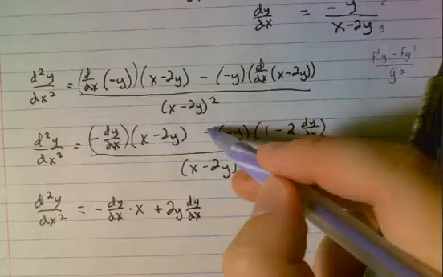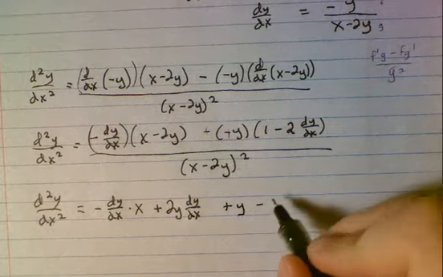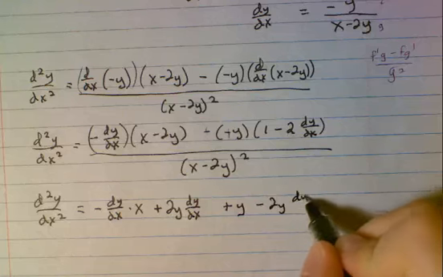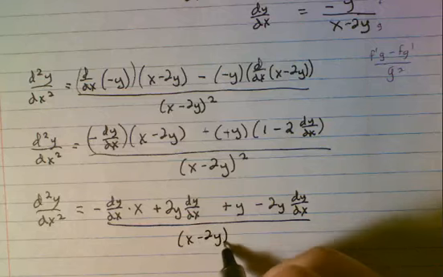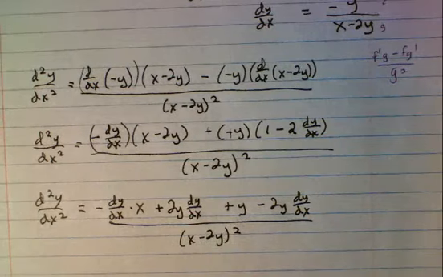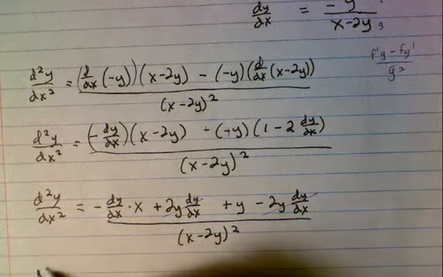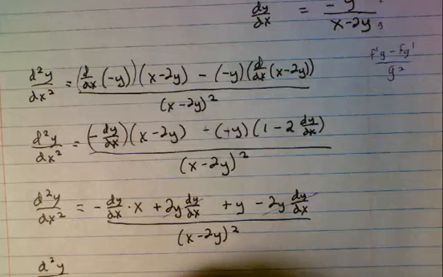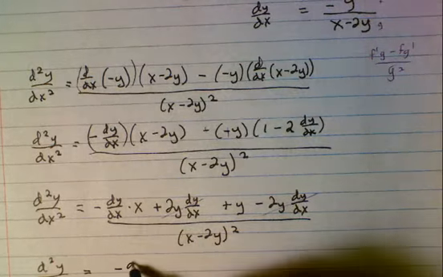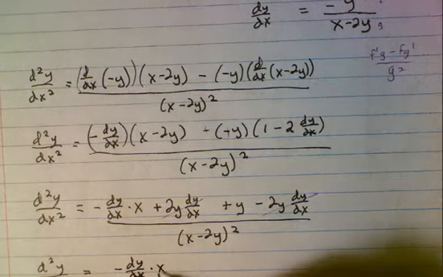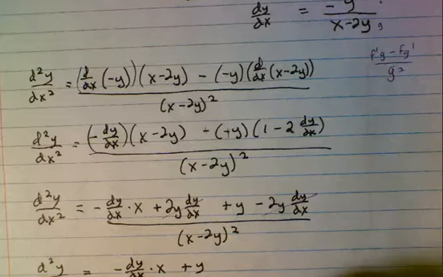Negative times a negative is a positive, so when that distributes, it's positive y minus 2y dy dx all over x minus 2y squared. Nice thing here, now we see it, these two subtract out to be 0. D squared y dx squared, so we've got negative dy dx times x plus y all over x minus 2y squared.